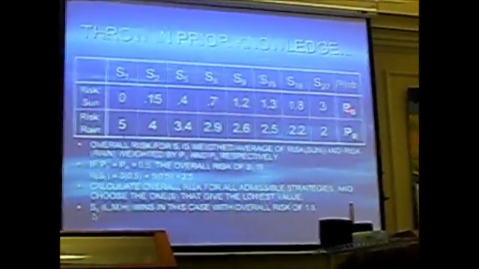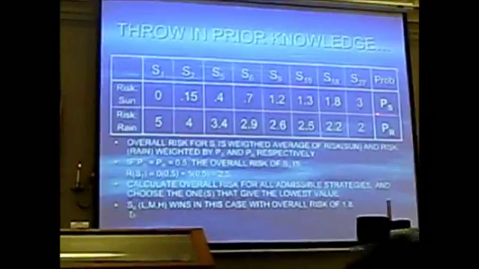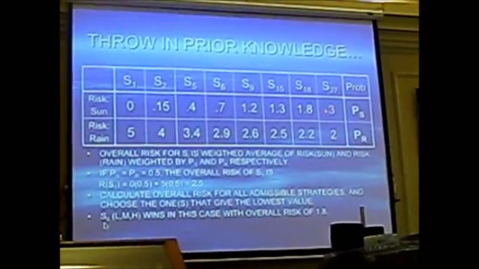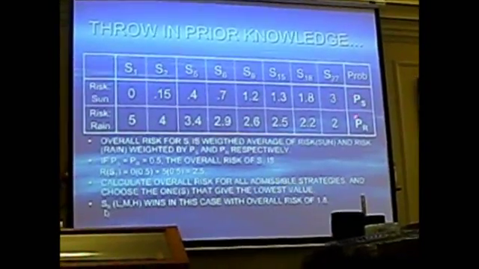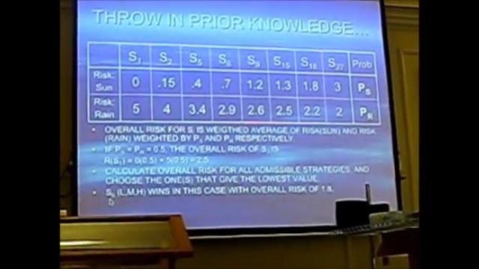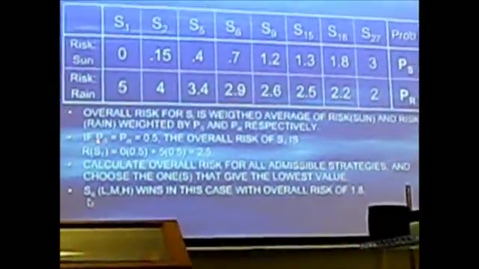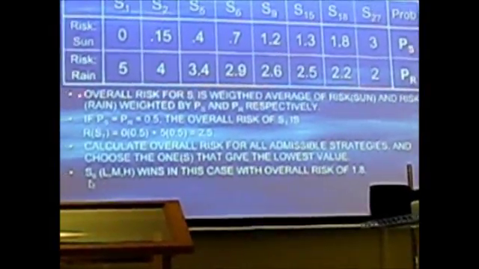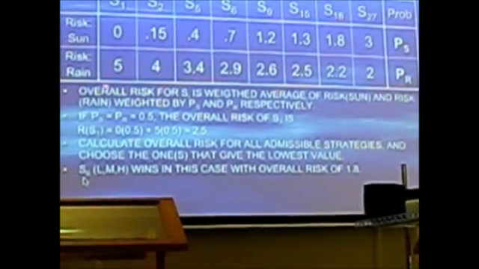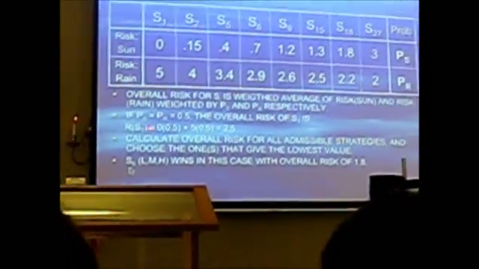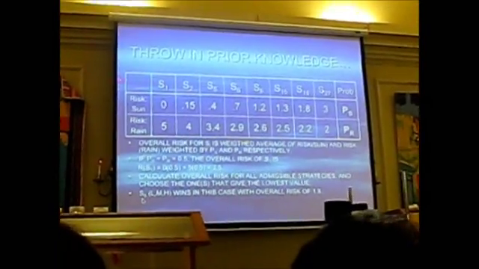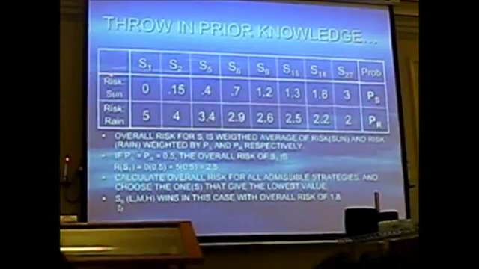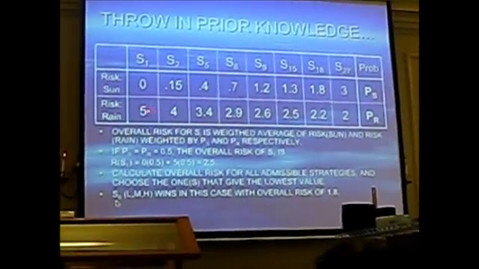Okay, so the probability of sunny and the probability of rainy, that's critical. Let's suppose that half the days are sunny and half the days are rainy. What's the risk of S1? Well, on half the days, you're going to lose 0, and on half the days, you're going to lose 5.